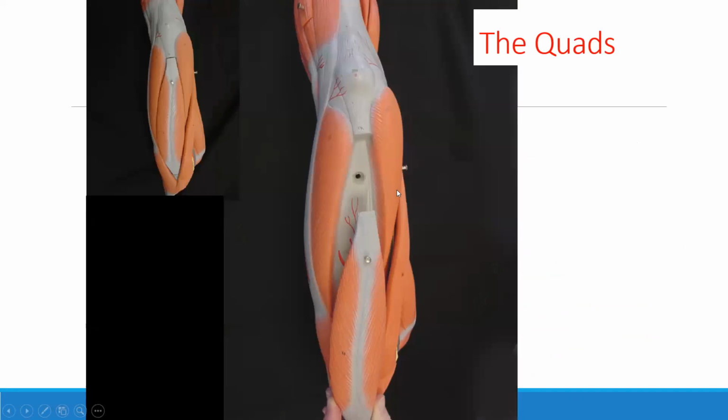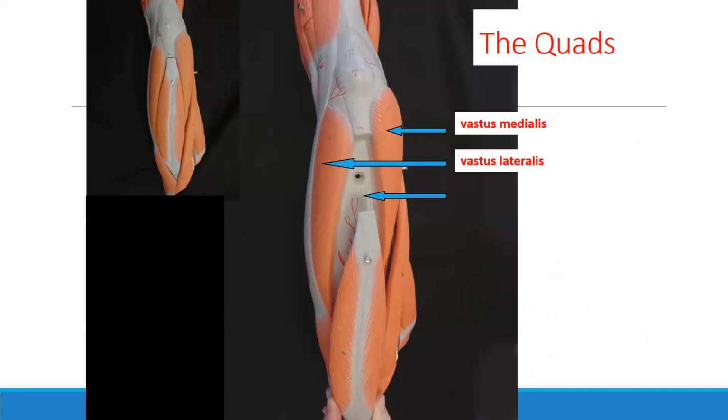See, there is the vastus intermedius, a whole muscle underneath here. So we have the vastus medialis, vastus lateralis, vastus intermedius, and the rectus femoris. These are the four quadriceps muscles.